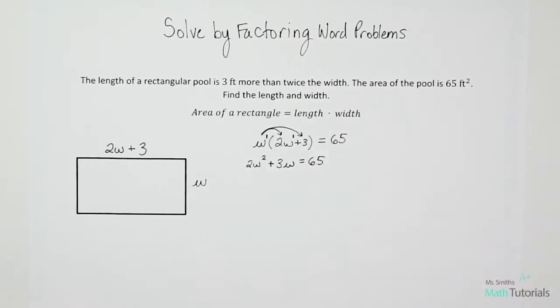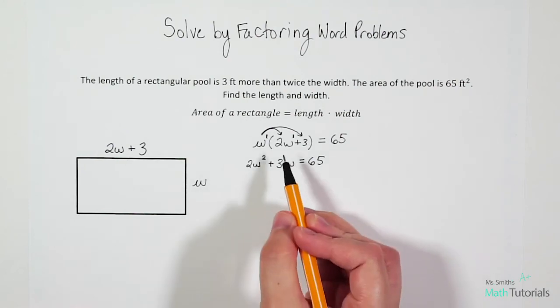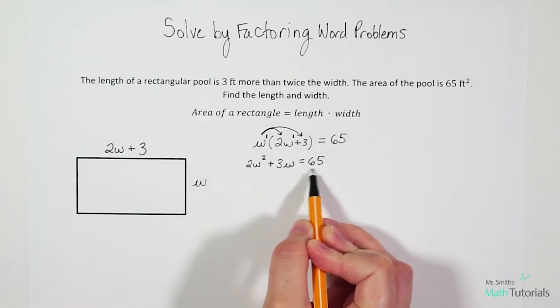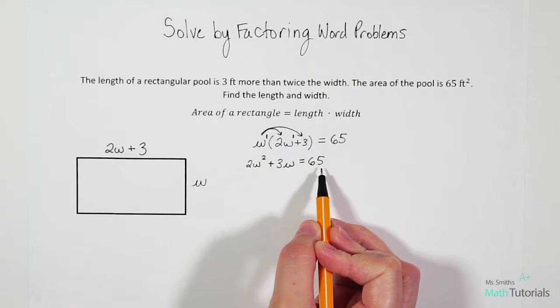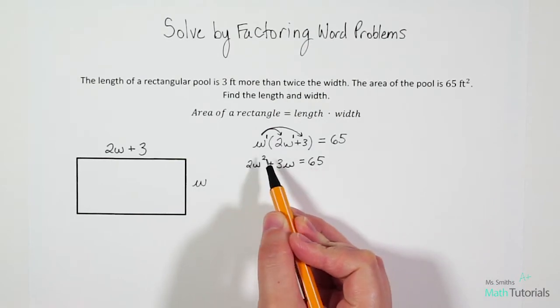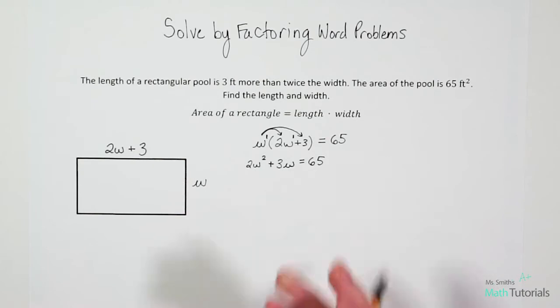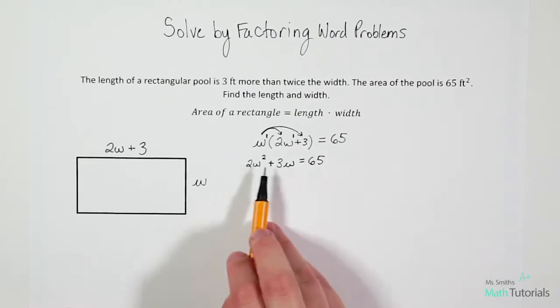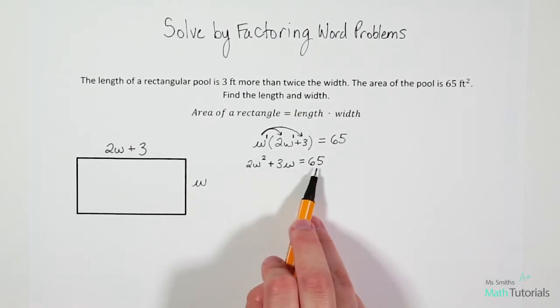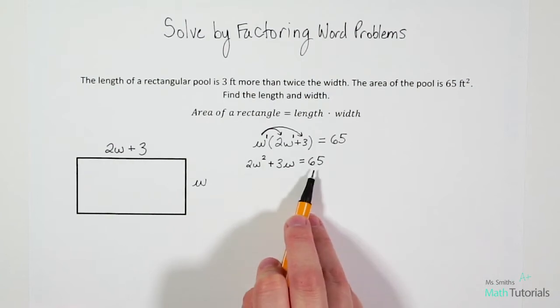At this point, it's very important that we notice that this is a quadratic equation. The reason I know it's a quadratic equation is because we have an exponent of 2, and that is our highest exponent. When that happens, that means we have a quadratic, and we solve quadratics typically by factoring. In order for us to factor this equation, we need it to be in standard form.